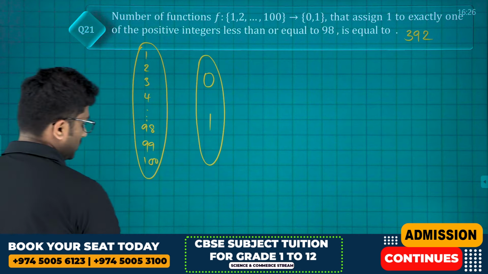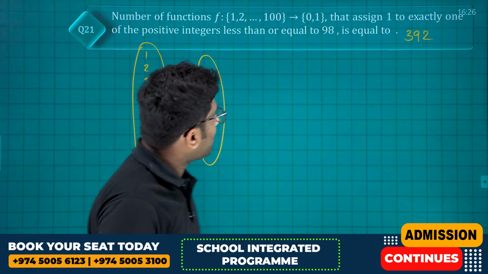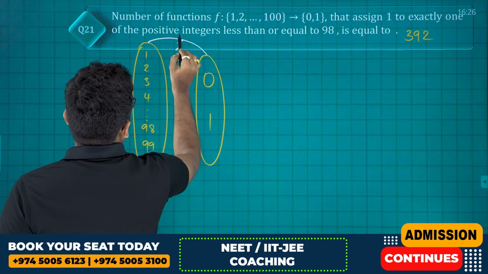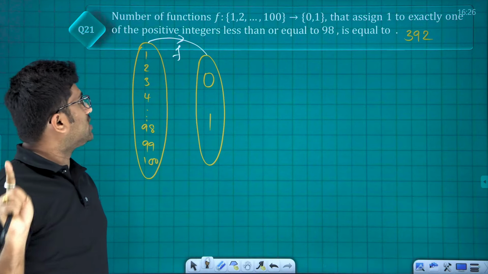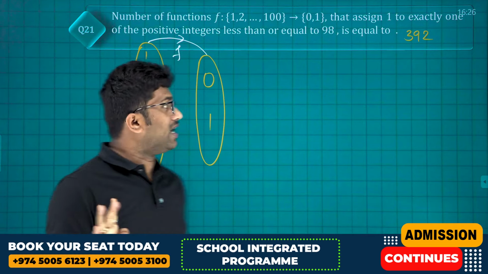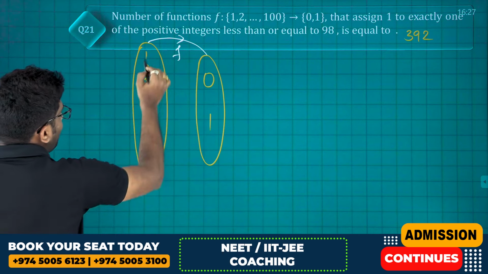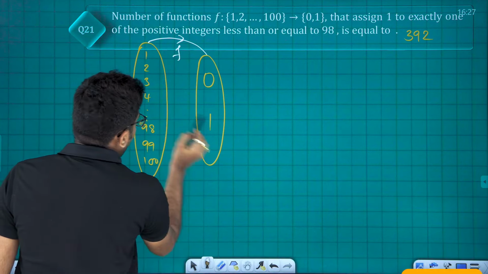The condition is that the function assigns 1 to exactly one of the positive integers less than or equal to 98. That means from 1 to 98, exactly one of them should be assigned to 1, friends.